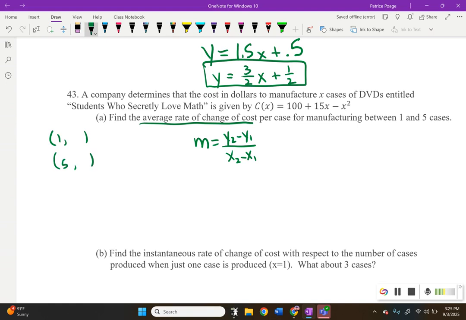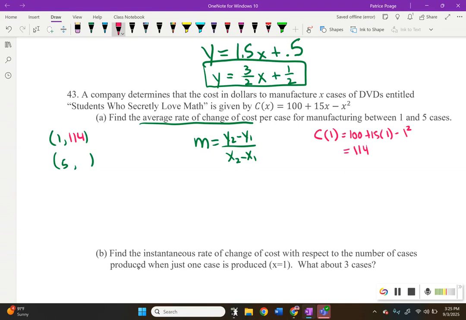To find the y values, we're going to plug those back into our cost equation here. So C of 1 is going to give me 100 plus 15 times 1 minus 1 squared. So that's 115 minus 1, that's 114. And then if I put 5 in there, I will have 100 plus 15 times 5 minus 5 squared, which I'm going to type into my calculator.